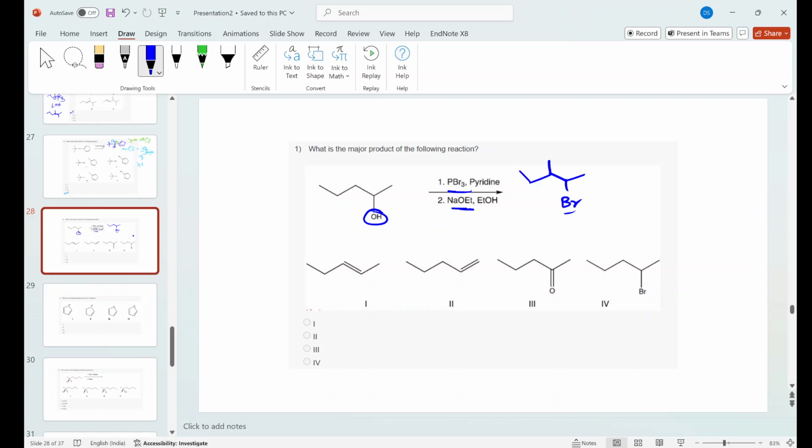What will it do? You have one proton here, so OEt is a base. It will abstract this one, and so it will be E2 elimination, not SN2. Okay, and you will have this product. You also have one proton here, but this will not give you the stable product. Okay, this one is minor. This one will be major. So this one is the right answer.